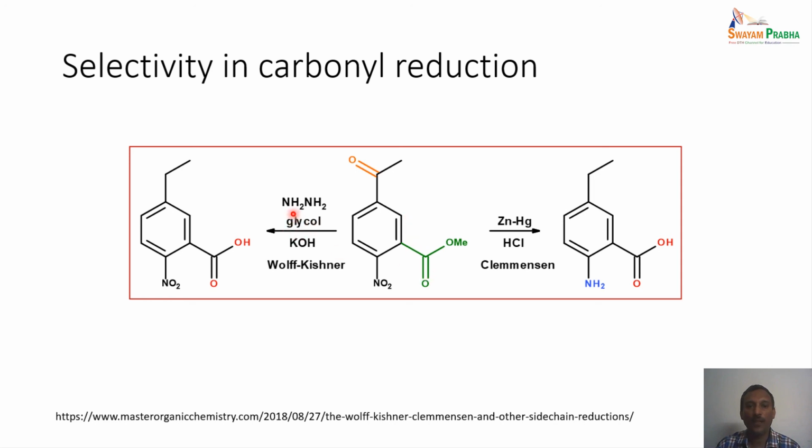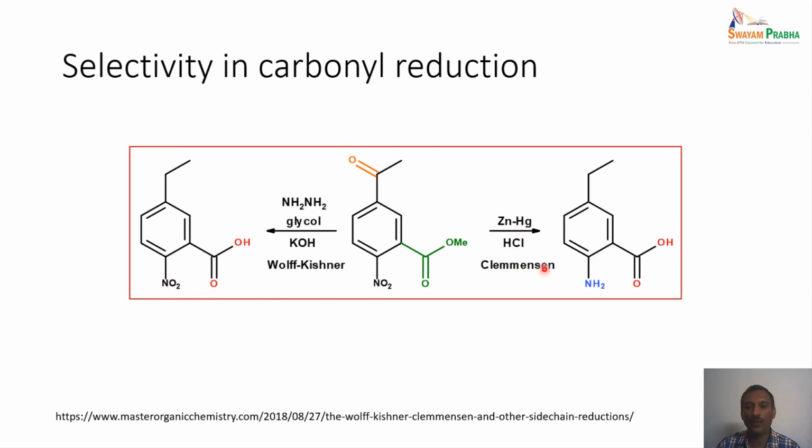If we use the Wolff-Kishner reduction with hydrazine and ethylene glycol, the ester is converted to the carboxylic acid after workup, because we are using a strong basic condition and the ester undergoes hydrolysis. The carbonyl is reduced selectively to the methylene, as shown here. The nitro group is not at all affected.